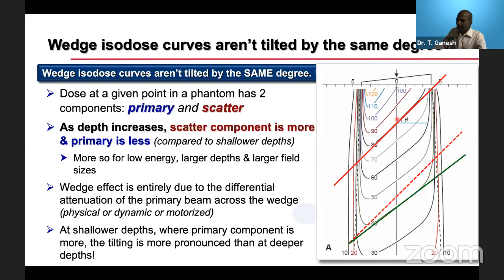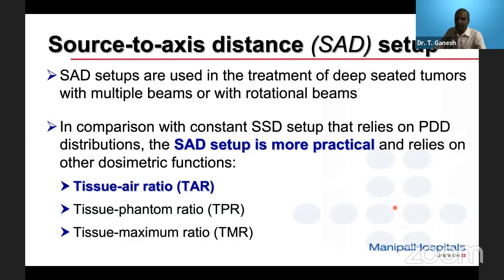However, at deeper depths, the scatter component is more, primary component is less. So this same wedge, which was able to tilt the isodose curve much more effectively at shallower depths, is not that effective at deeper depths.